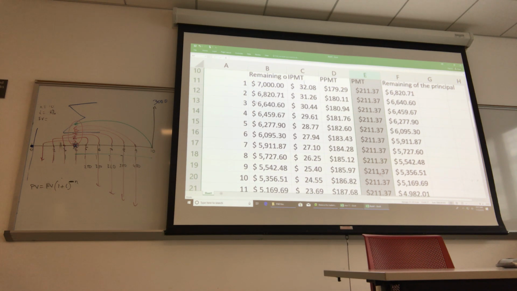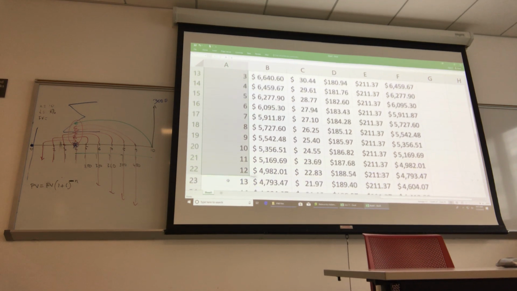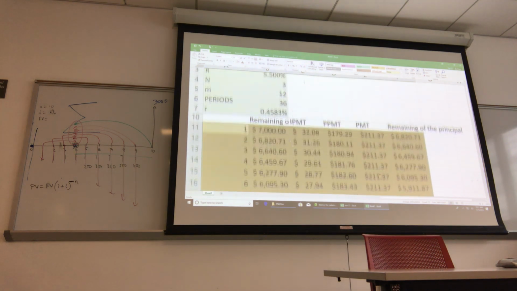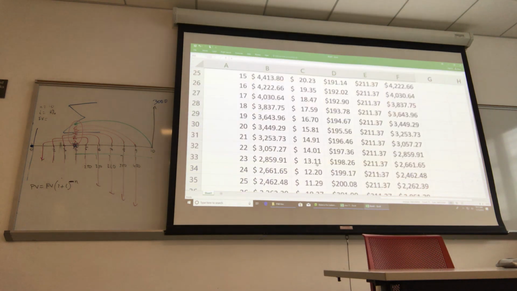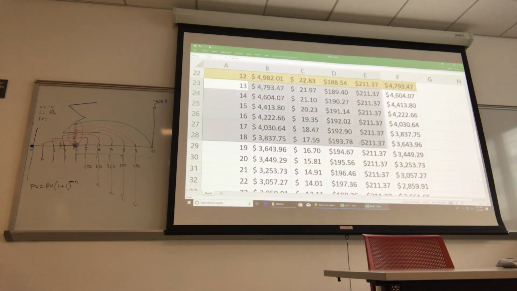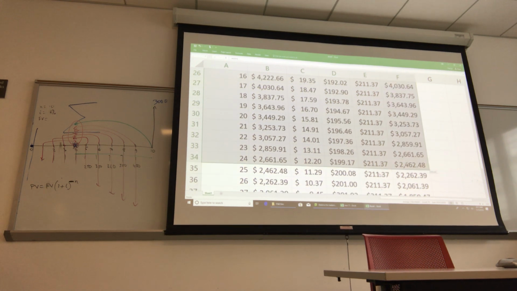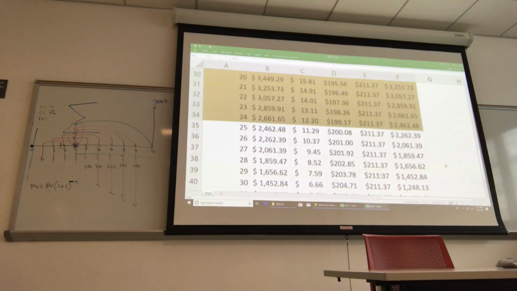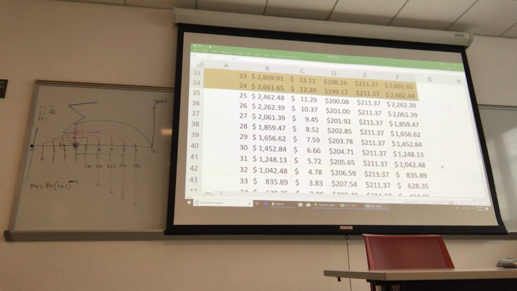One year is passing. That's the first year. I mark it. Second year is passing. I mark it. Mark the second year. After that particular year, I want to go on and see what is happening.